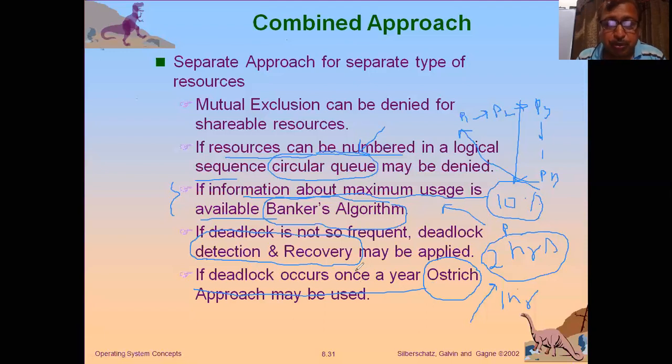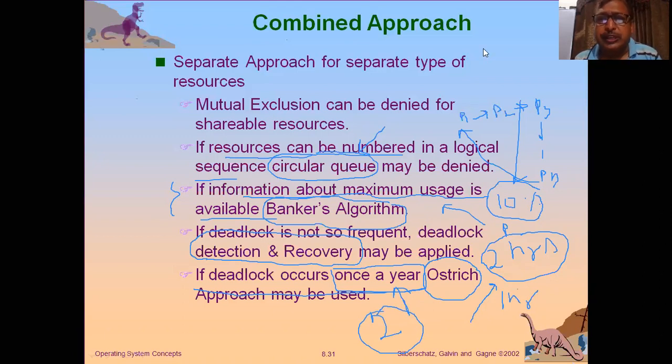But this approach can be used only when deadlock is very infrequent, only once a year, or twice a year, every 6 months. So this is the combined approach for deadlock, and that's all for deadlock.